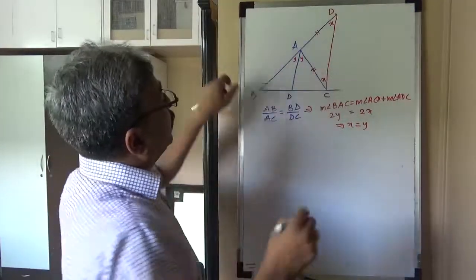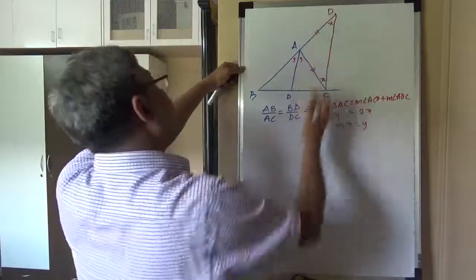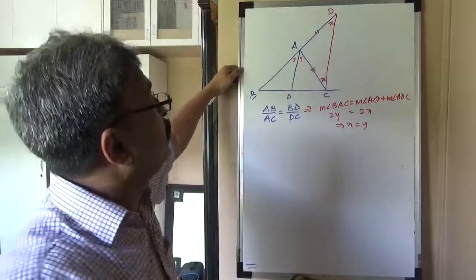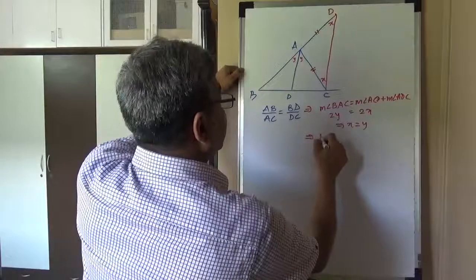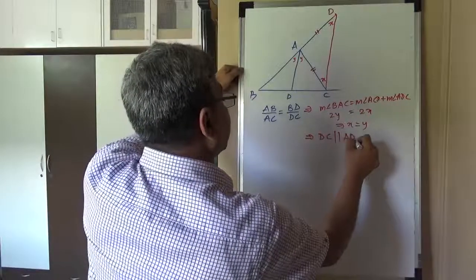So if x is equal to y, this line DC is parallel to AD. This implies DC parallel AD.